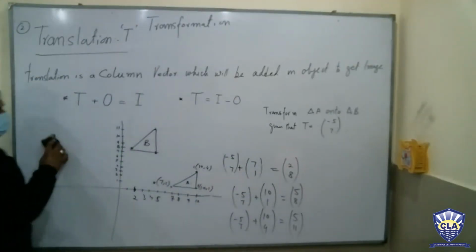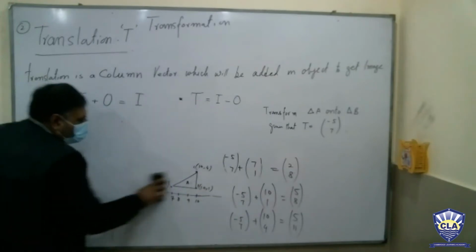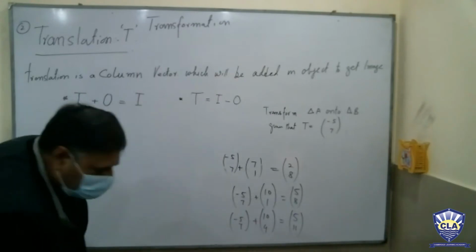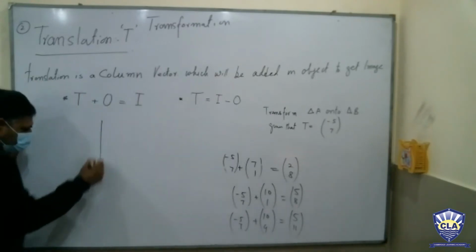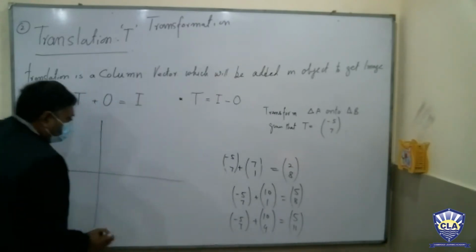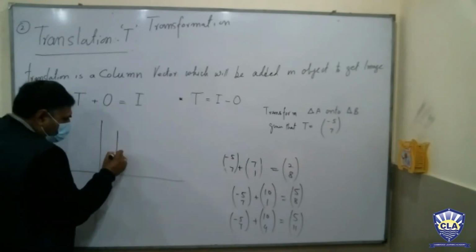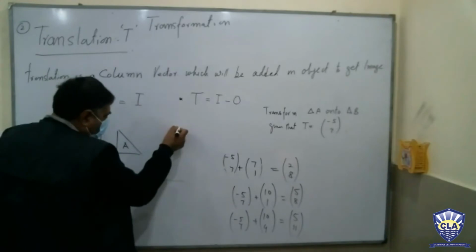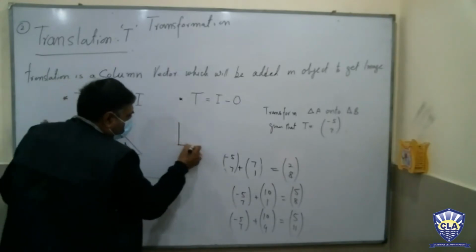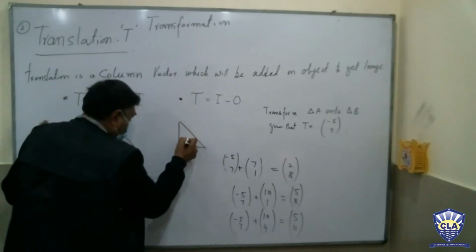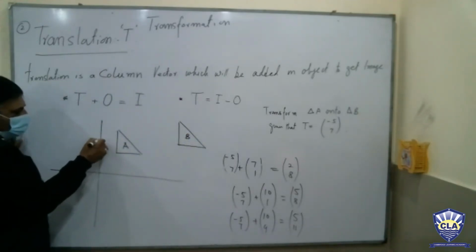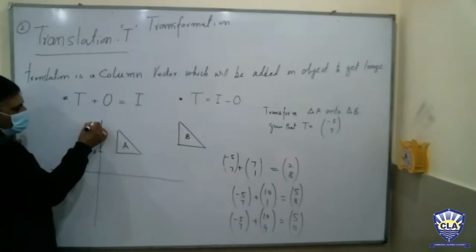Now, second, if triangle A and B are given to you, triangle A is over here, and he said triangle A is transformed onto triangle B. Triangle A is transformed onto triangle 3, 4, 5.